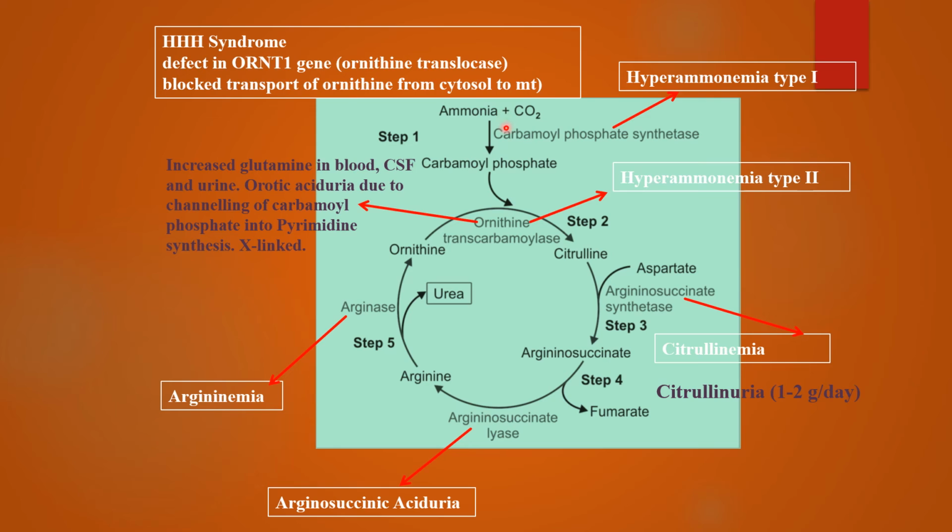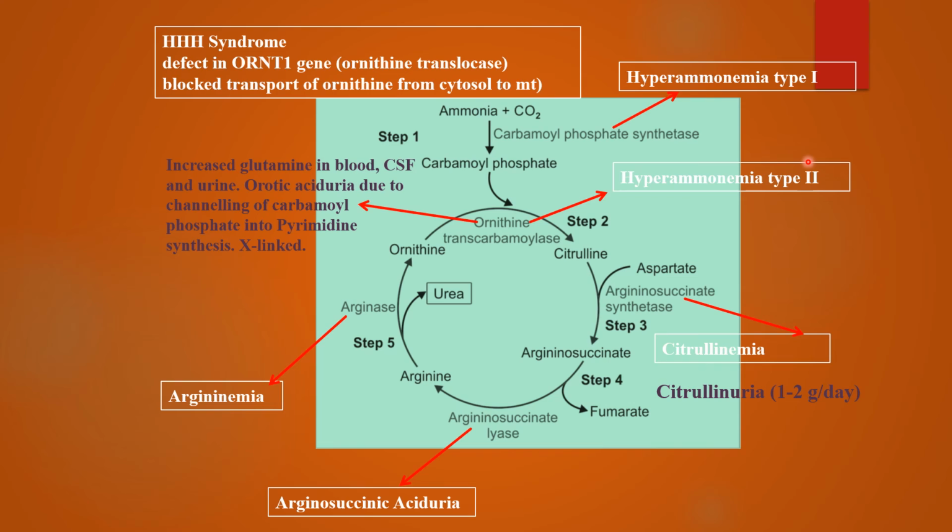Then the second type of disorder is hyperammonemia type 2. Type 2 is the only urea cycle disorder which is inherited as an X-linked trait, and this is characterized by OTC deficiency. Elevated levels of ammonia are associated with high glutamine level in the CSF and blood.